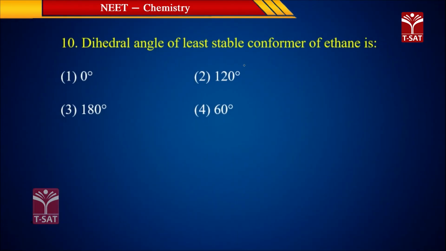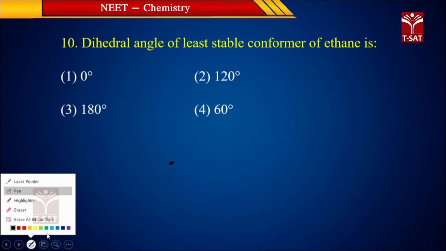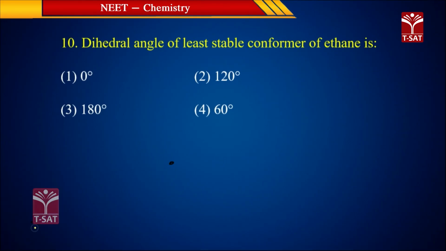Dihedral angle in the least stable conformation of ethane. Least stable conformation of ethane is what? Eclipsed conformation is least stable, right? Eclipsed means first carbon, second carbon, hydrogen, hydrogen, hydrogen, and hydrogen at the backside.